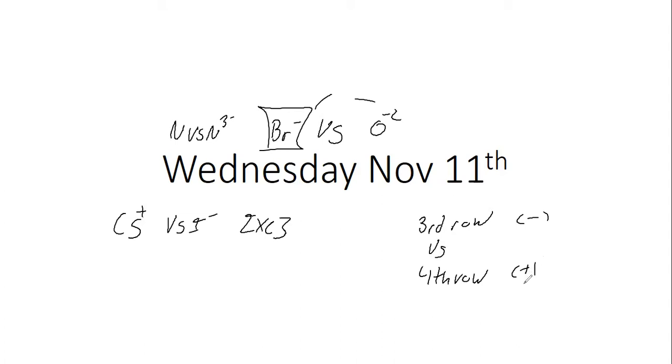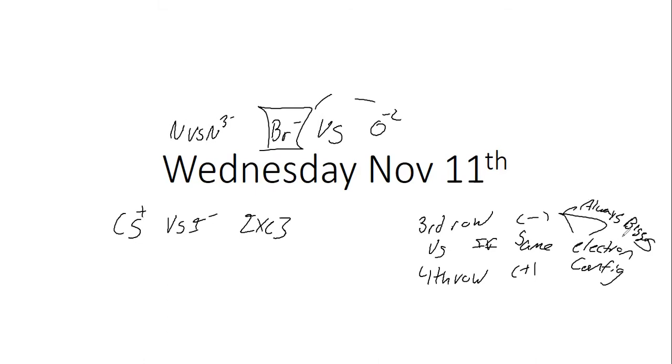There you can get in some tricky situations, but basically if they have the same electron configuration, the negative is always the biggest.